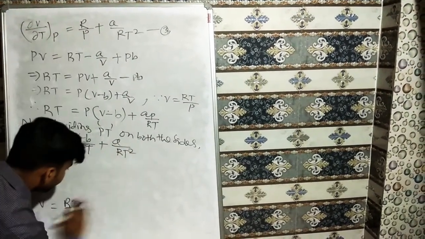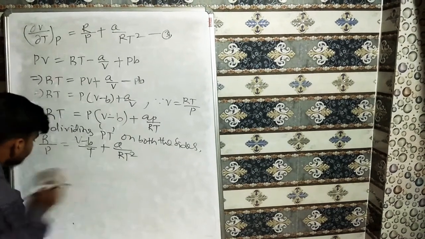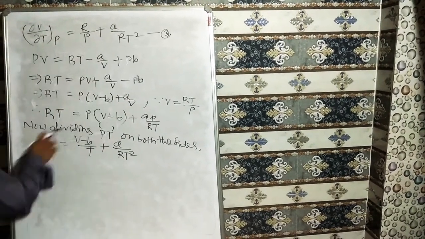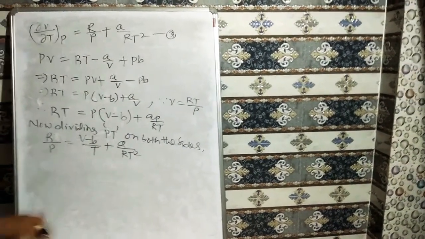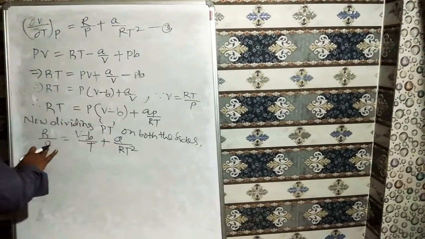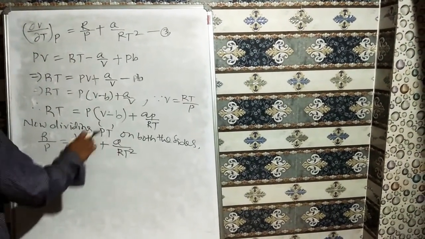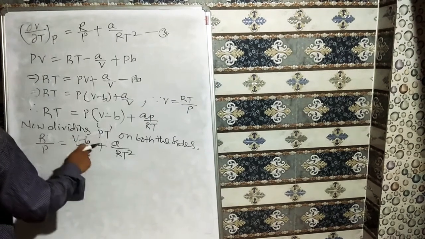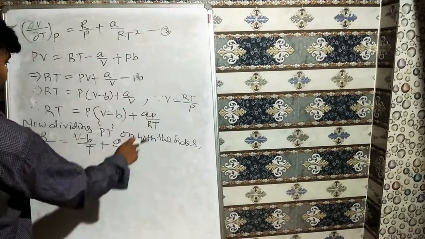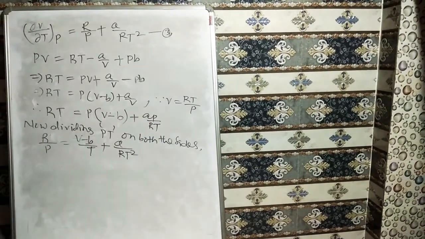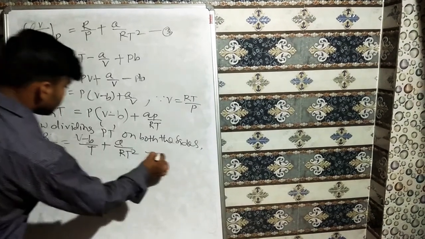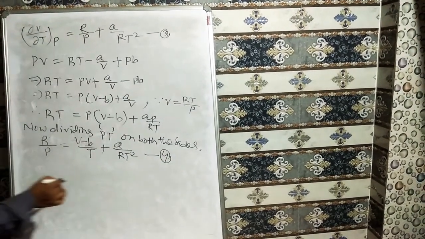If we divide RT on both the sides, then the above expression becomes R by P is equal to V minus V by T plus A by RT square. Now this expression is suppose equation 4.